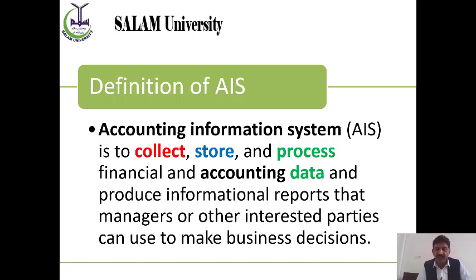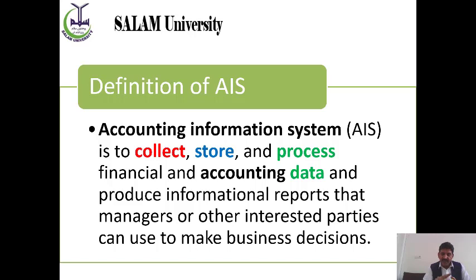Who will be those users? They will be external and internal users. The external and internal users have their own businesses, and each of them is supposed to make business decisions. And what is the accounting information system doing? It collects, stores and processes accounting data.